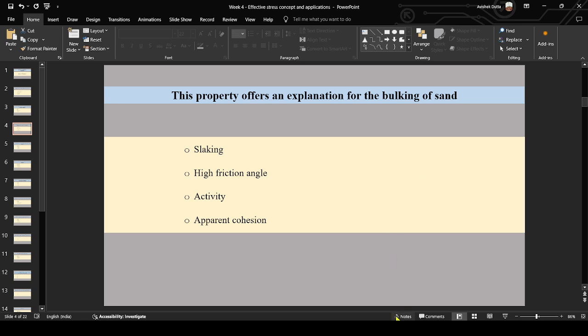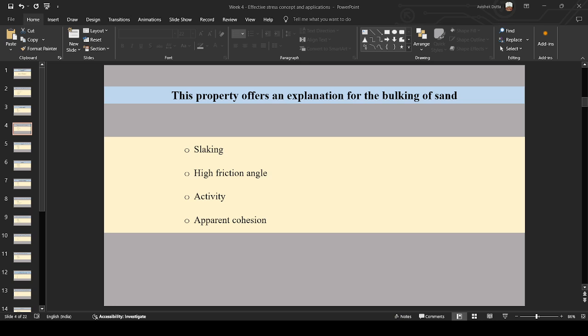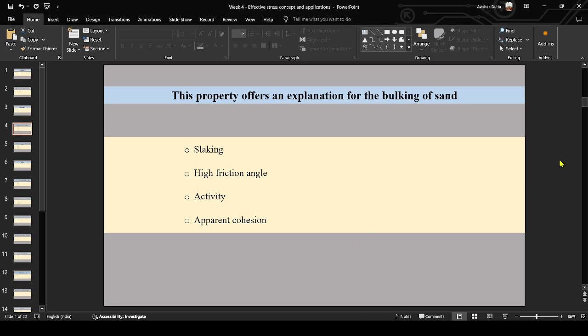This property offers an explanation for the bulking of sand. The options are slaking, high friction angle, activity, or apparent cohesion.